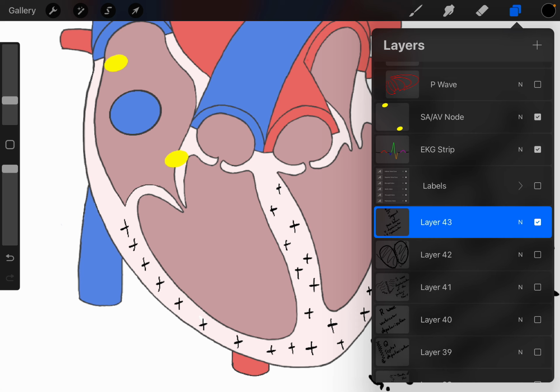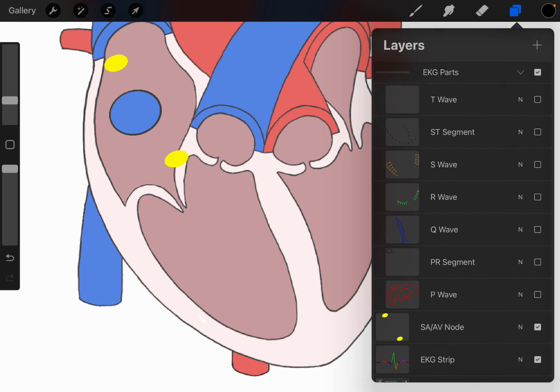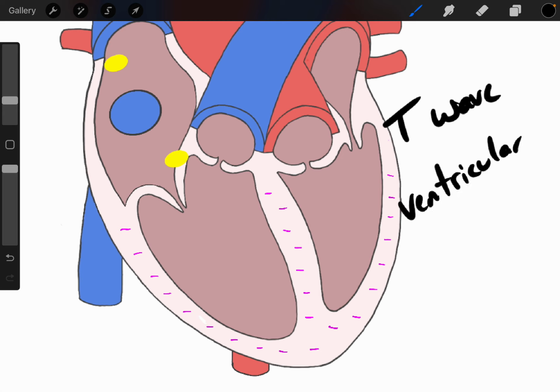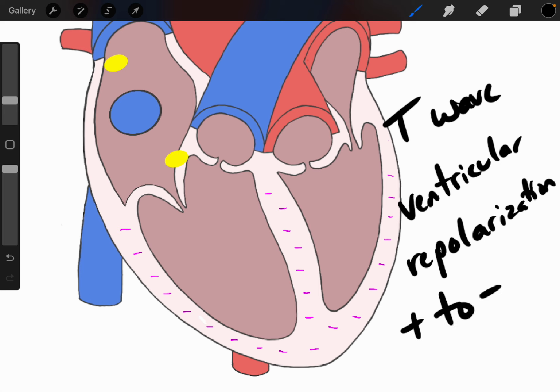Once that happens, you will have the final step, which is called the T wave. So this is showing the T wave, and this represents ventricular repolarization. Now, what that's showing is that we're going from positive back to negative.